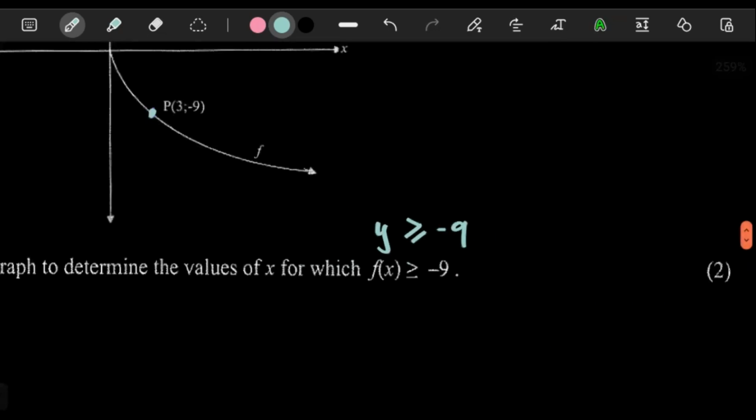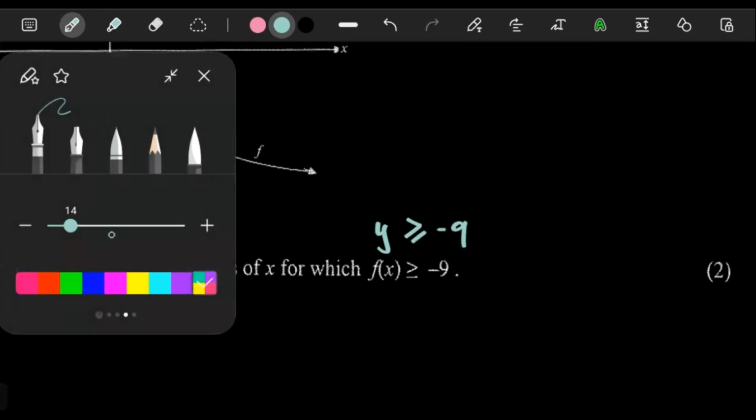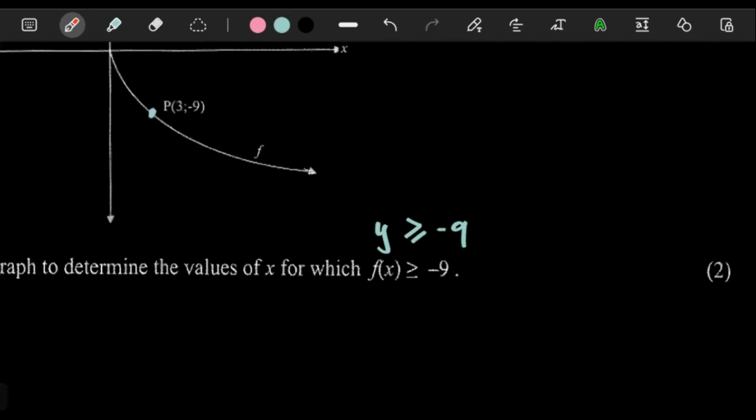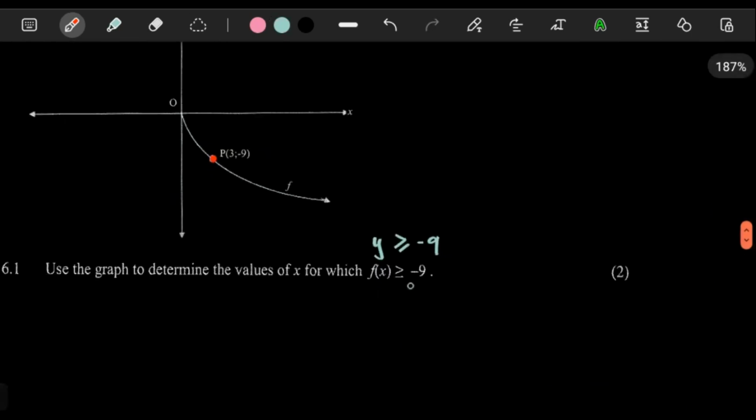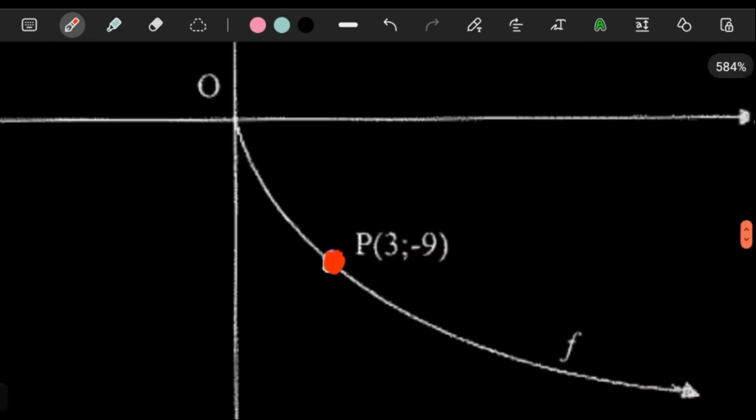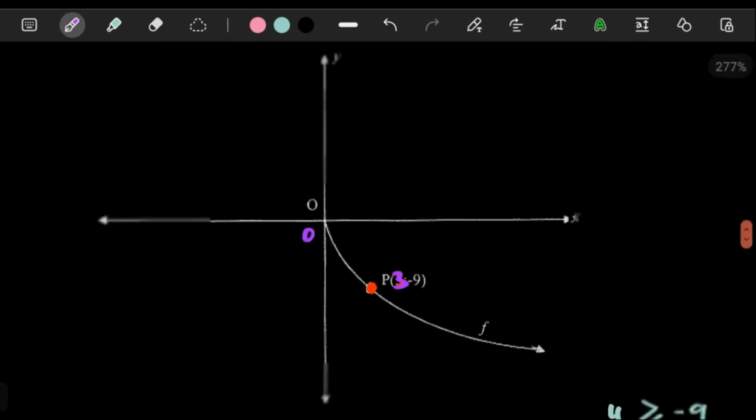We know the y value is equal to -9 here. It's equal to -9 where x is 3, and it's bigger than -9 from 0 up until 3. So between 0 and 3 is what we're looking for. That's the portion where the y values are bigger or equal to -9.